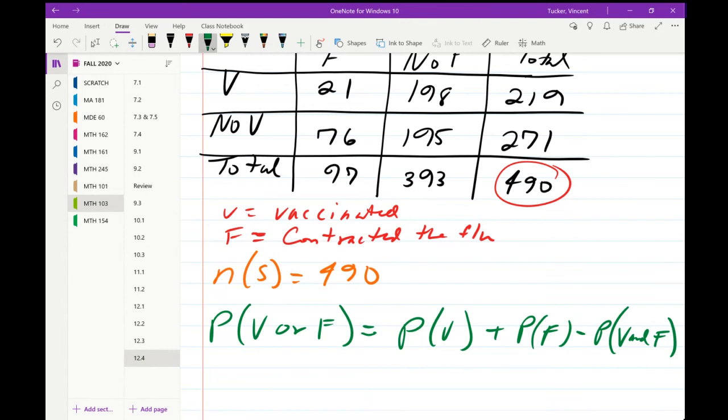All right, total number of vaccinations is 219.